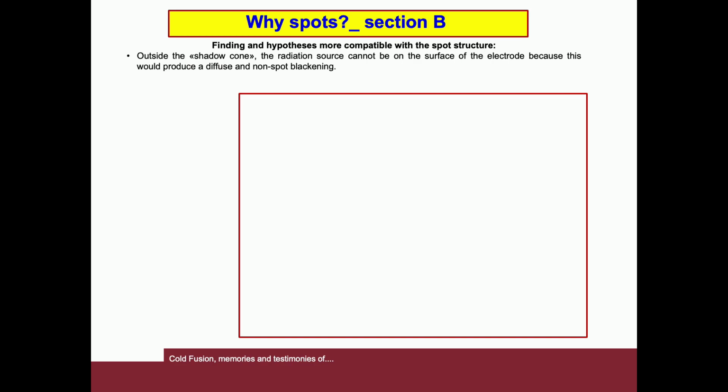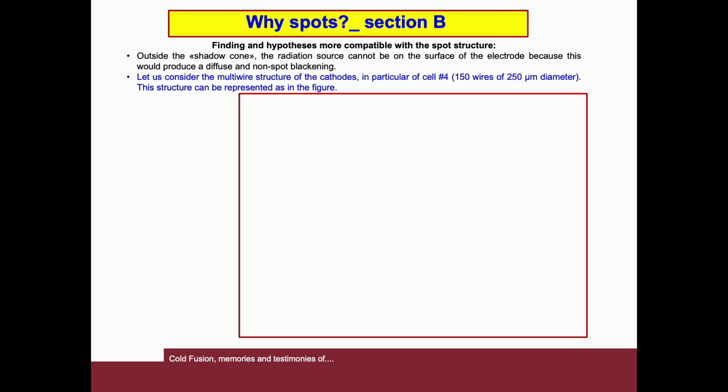White spots, Section B. Findings and hypotheses more compatible with the spot structure. Outside the shadow cone, the radiation source cannot be on the surface of the electrode, because this would produce a diffuse, no-spot blackening.